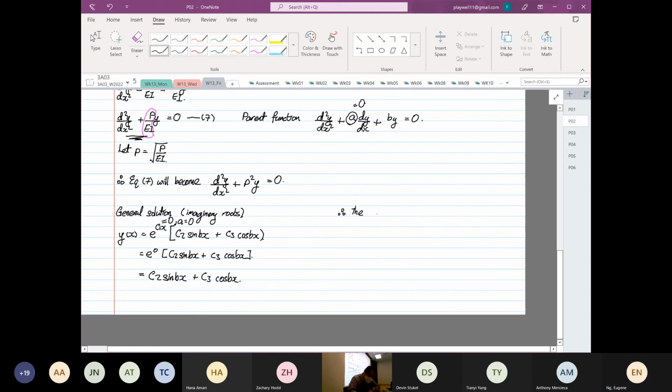The general equation becomes y as a function of x is equal to a sine small p x, plus b cos small p x. Okay, so this is our equation number 8.